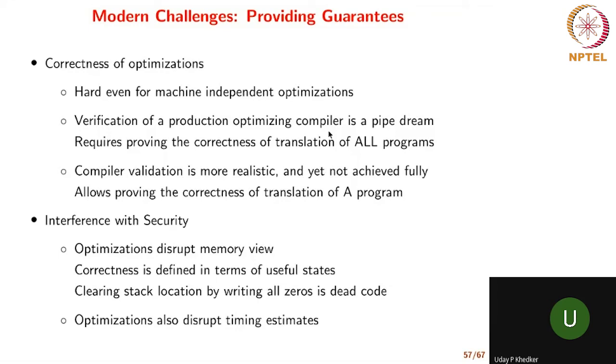So at the end of my program, I write 0 to all locations in the memory. This is important for security. But as far as compiler optimization is concerned, there is no use of this assignment. Live variables analysis will say, you have set a equal to 0, but there is no use of a, and therefore I'm deleting it. Compiler optimization will simply eliminate these, whereas these statements are required for security.